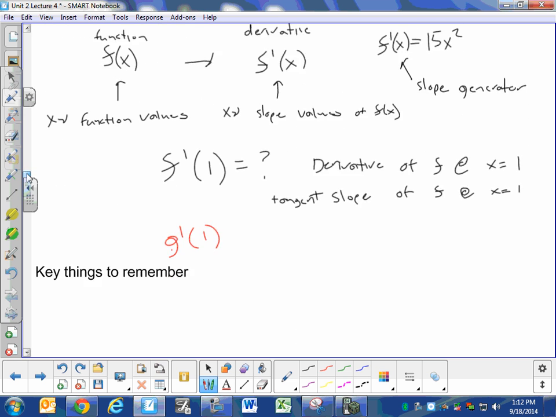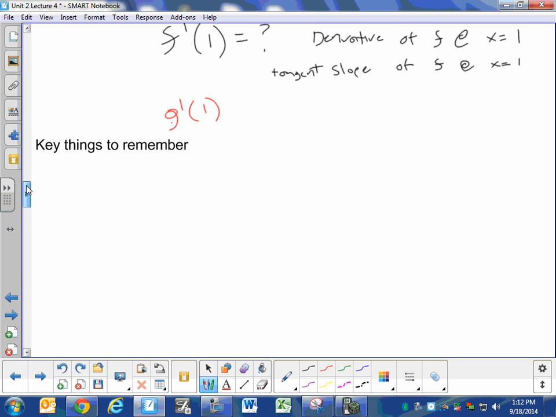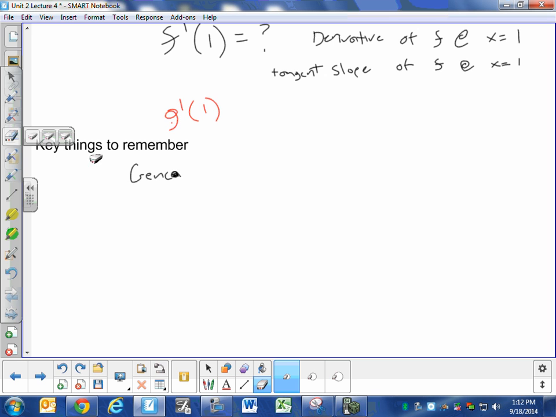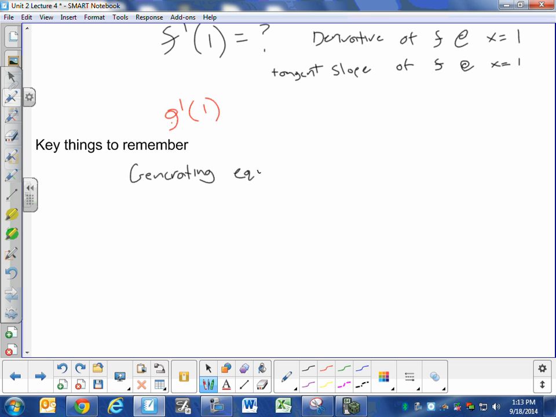Now, another key thing to remember is generating lines. Generating a tangent line. Equations of tangent lines. For an equation of a line, I'll need a point and a slope.